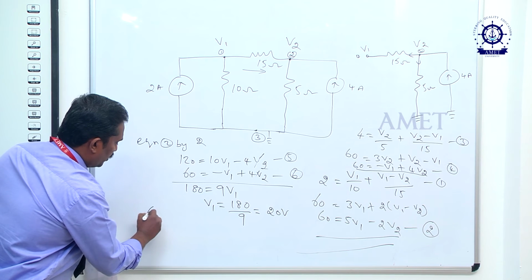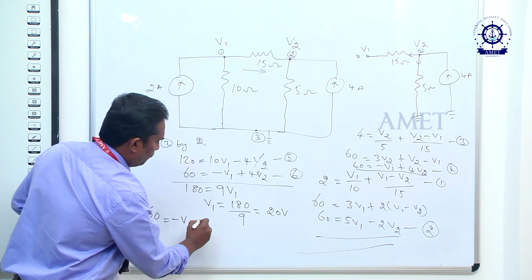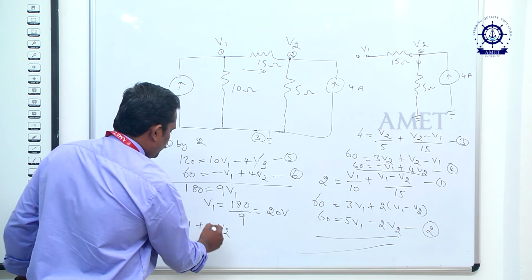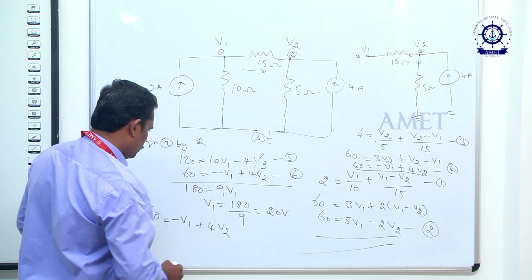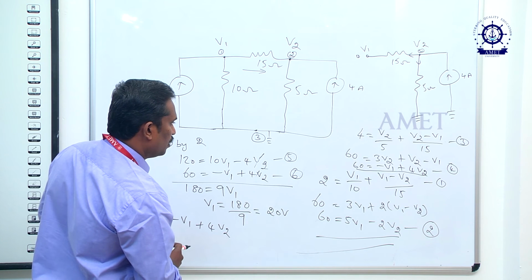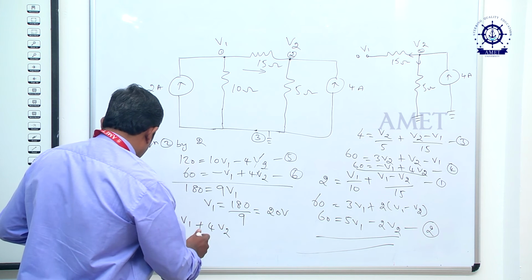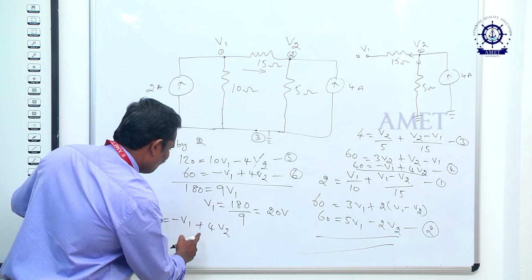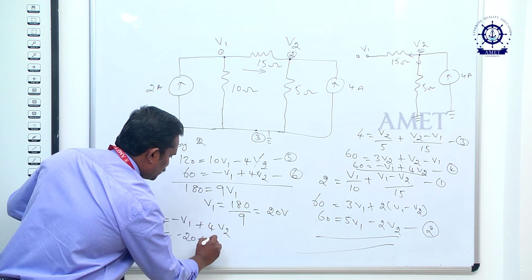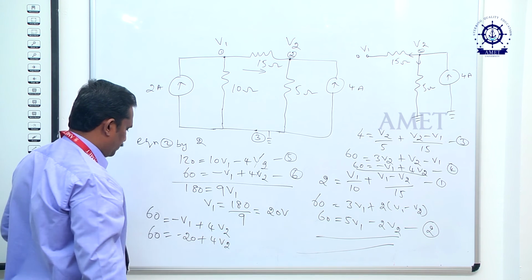Equation number 4 is 60 equals minus V1 plus 4 V2. Substituting V1, minus 20 plus 4 V2 equals 60.